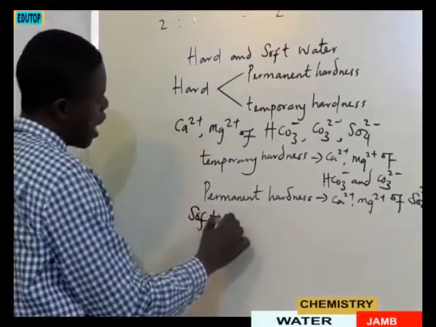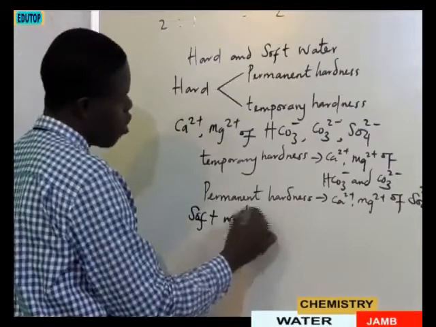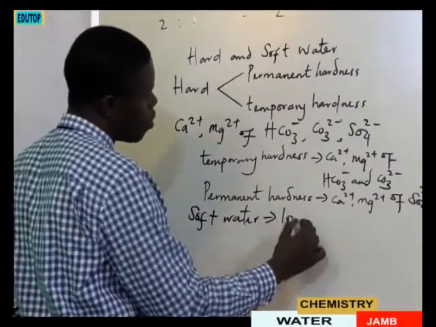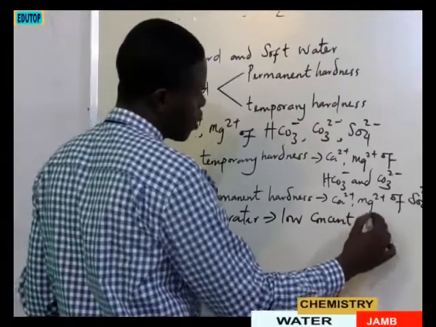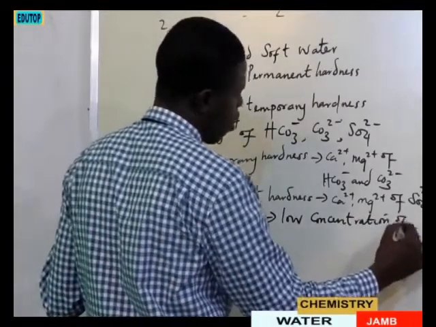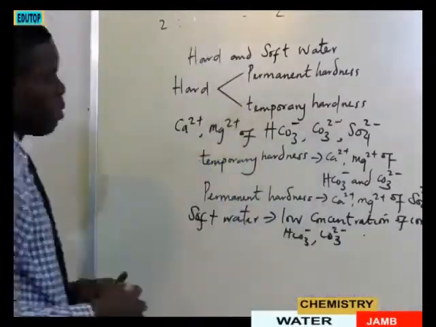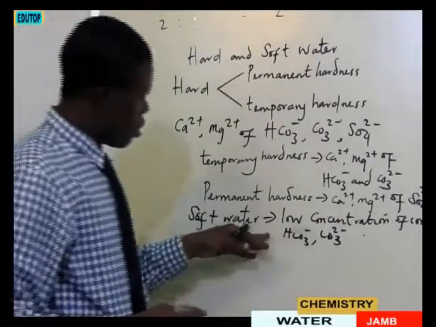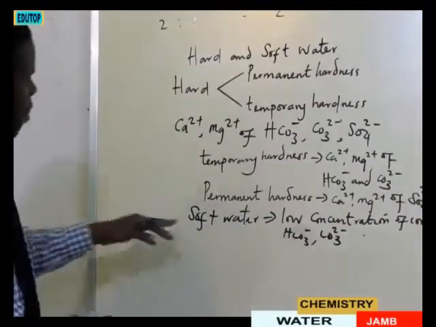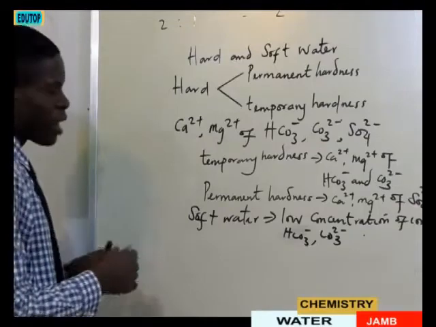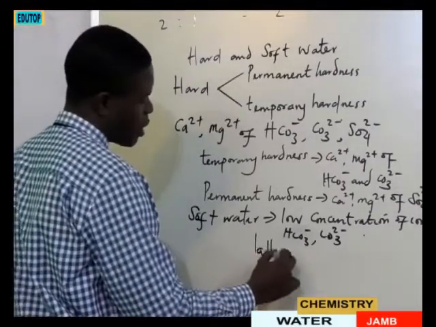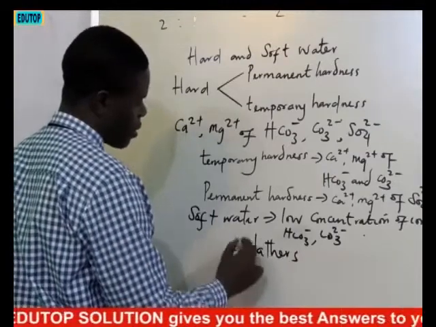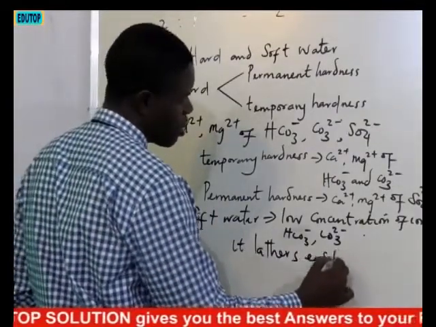Soft water is one that has a low concentration of ions. But the major component that makes it soft is the fact that it lathers easily or readily.